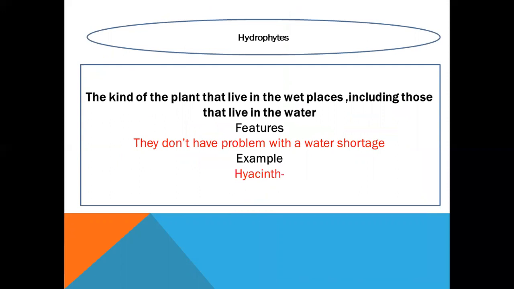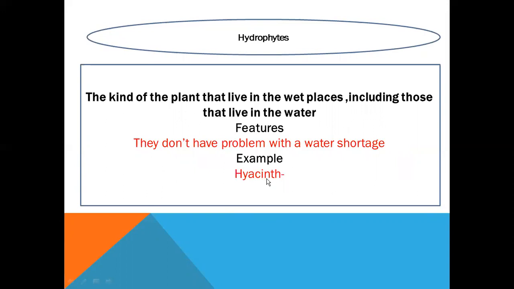So I give you one point about the characteristics of hydrophytes. Hydrophytes live in wet places and don't have any problem with water shortage because they live inside the water. Example, hyacinth.